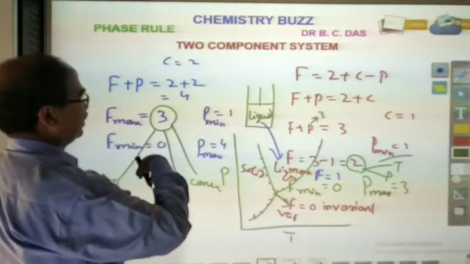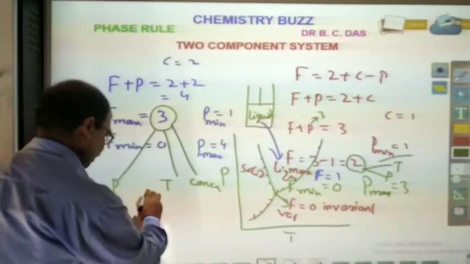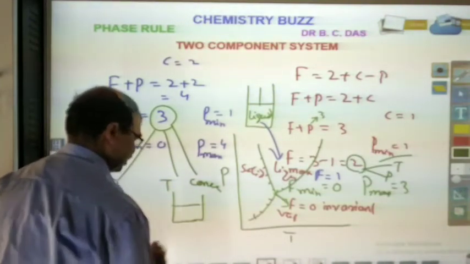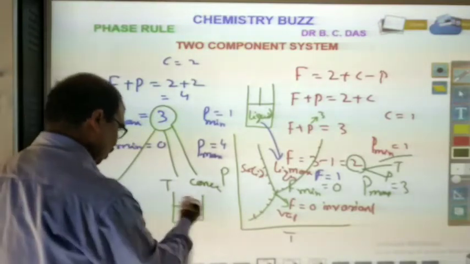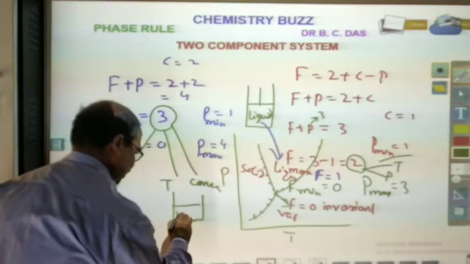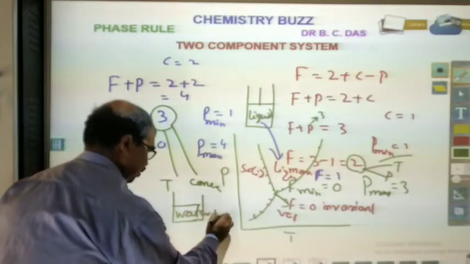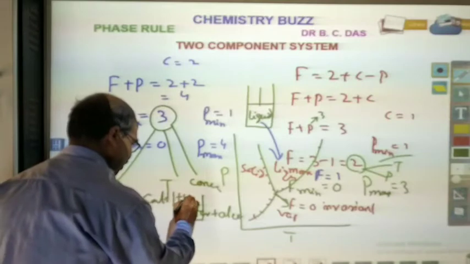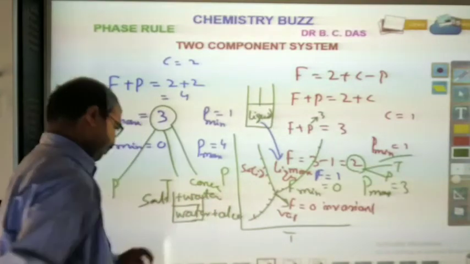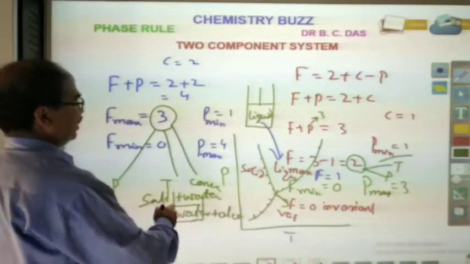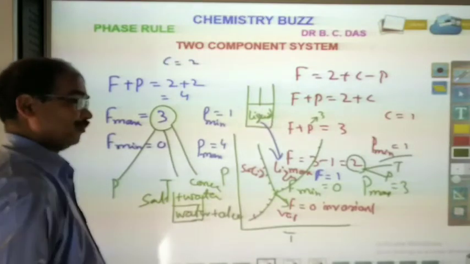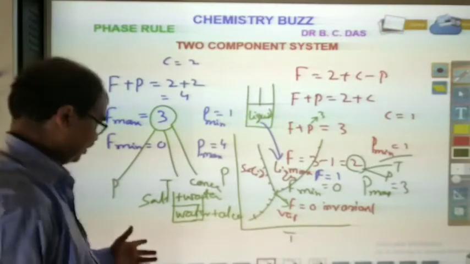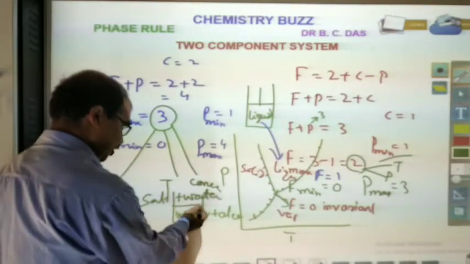If we take an example of a system containing 2 components, say water plus alcohol or salt plus water system, when the 2 components mix, it forms one homogeneous phase.